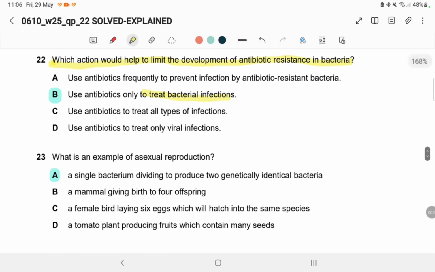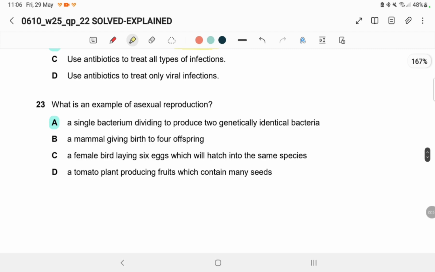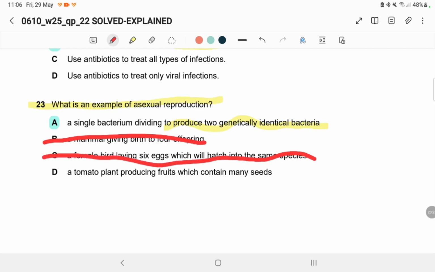Into treating bacterial infection. Now, what is an example of asexual reproduction? Asexual reproduction means that a single bacterium is dividing to produce two genetically identical bacteria. You will ask me why not letter B: because normal giving birth is basically sexual reproduction, because it requires two mates. A female bird laying 6 eggs, which will hatch into the same species, is not asexual reproduction, because of course they will not be genetically identical.